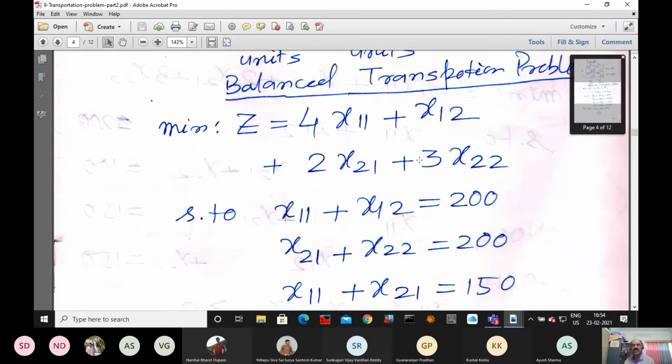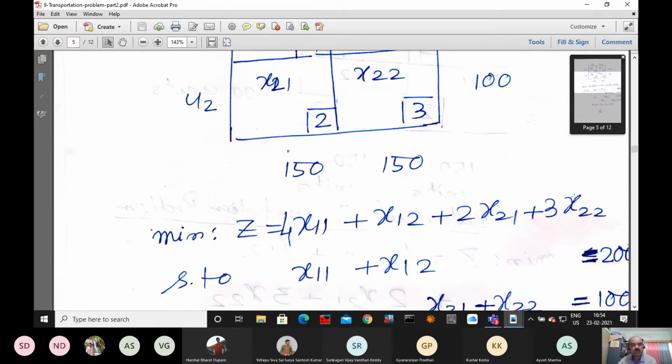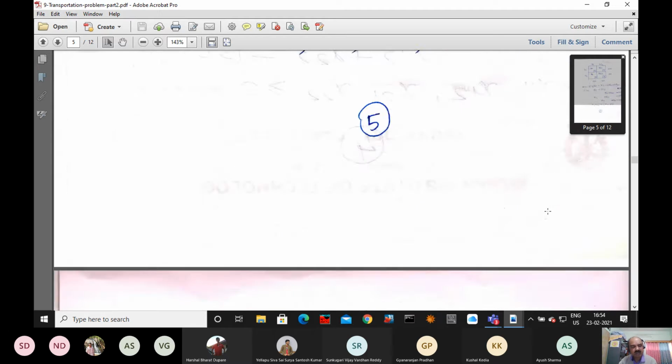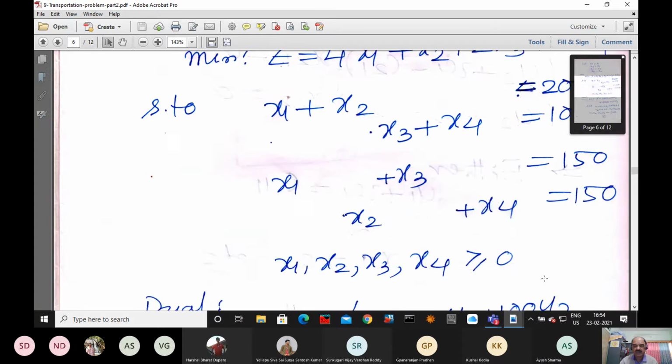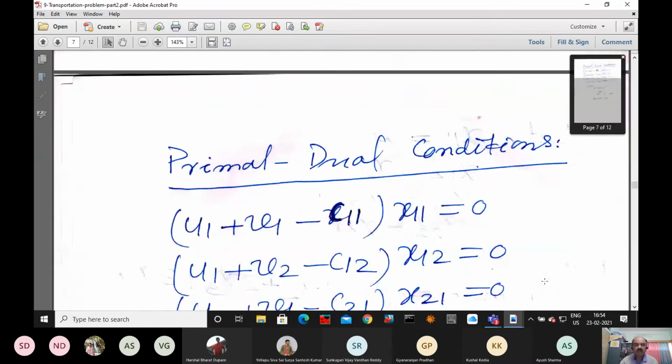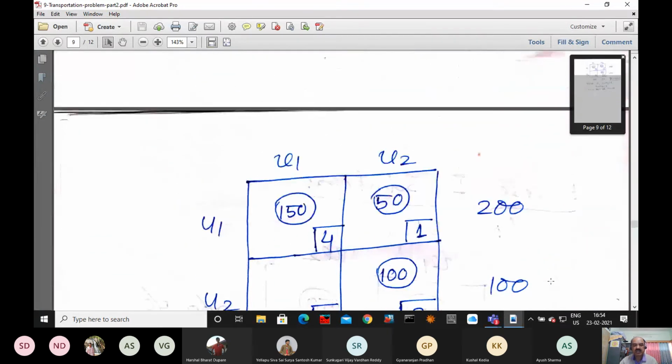Even though it is 950, it must fulfill all the constraints. The objective functions of both primal and dual are equal. Now, whether it is an optimal solution or not, because optimality does not necessarily mean the objective function is the same, we have to again check whether it fulfills the constraints or not. So now I'm checking the constraints in this manner.